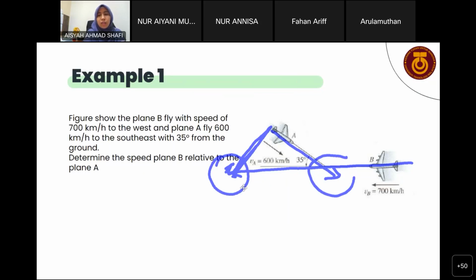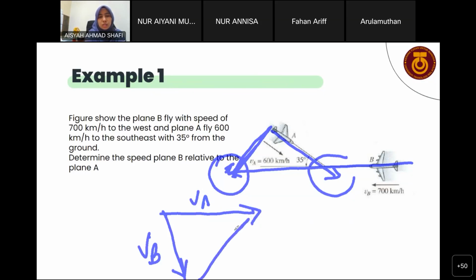For the relative motion, if A is like this, VA like this, and VB like this, the relative motion is in this direction.